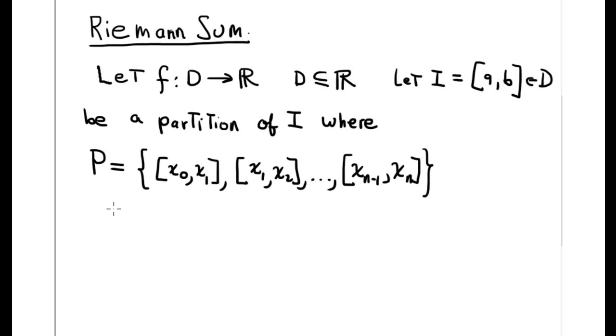When, for example, a is equal to x sub 0, and of course the rest is such that x0 is less than x1, less than x2, less than ..., less than x sub m, which is equal to b.